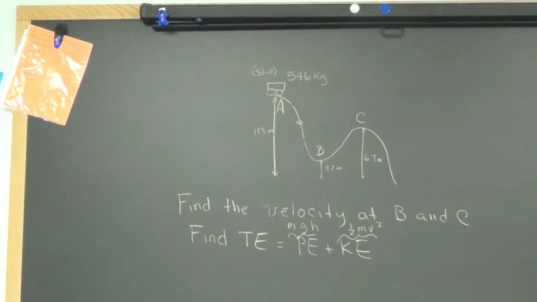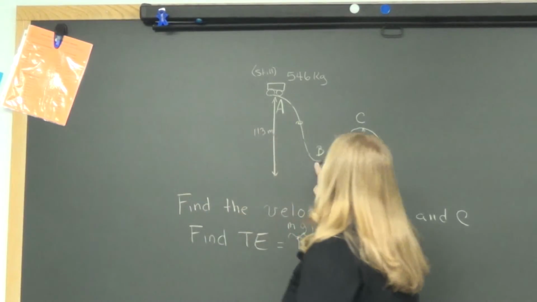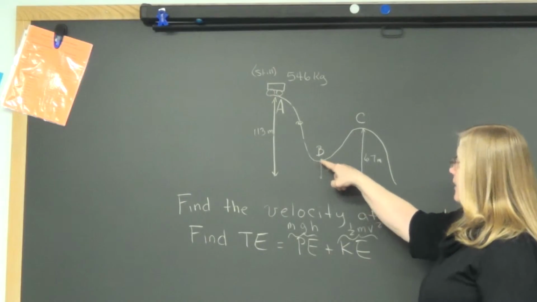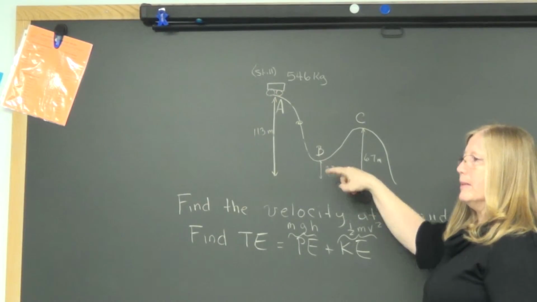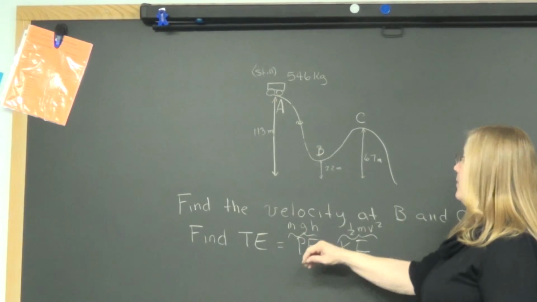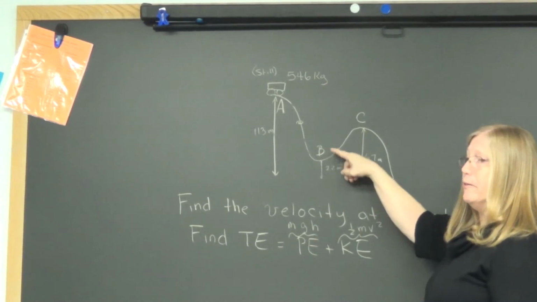At B, you have height, you have g, and you have total energy, if it's the same, that is. You could get mgh right here, but because it's not still, we'd have to add both PE and KE, because we have a little of both.